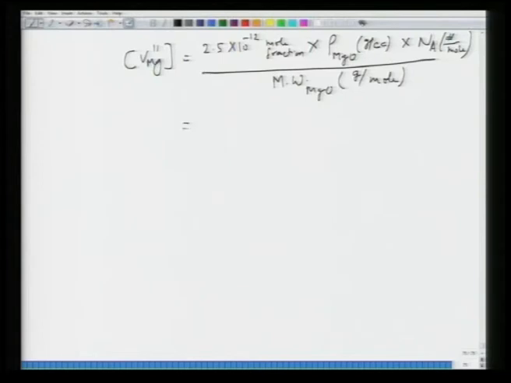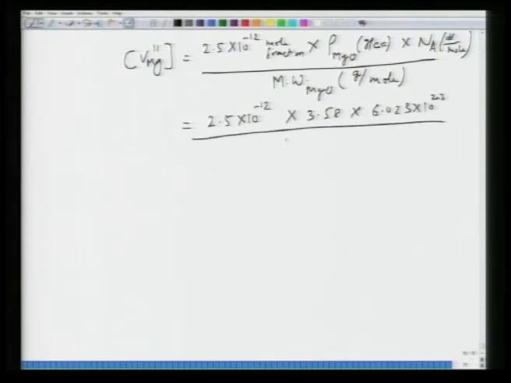So, if you do that, this is 2.5 into 10 to the power minus 12 multiplied by density 3.58, multiplied by Na 6.023 into 10 to the power 23, divided by molecular weight of MgO, about 40.3, and this would come out to around 1.4 into 10 to the power 11 per centimeter cube.